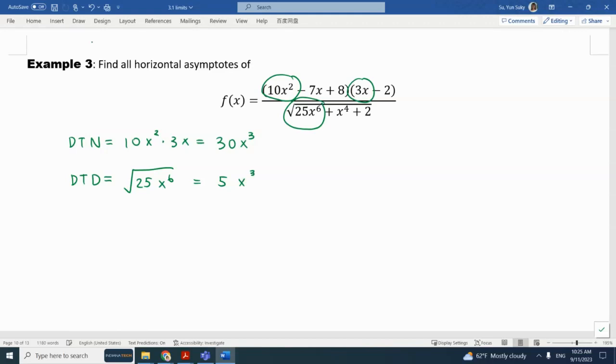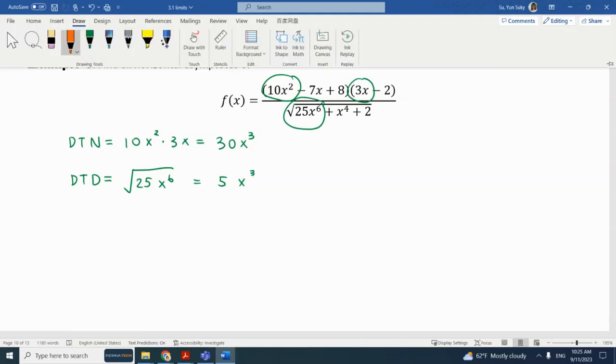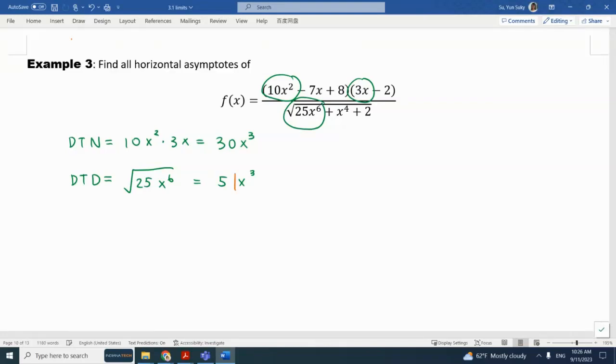So this is 5. The square root of x to the 6 is x to the 3rd. But with what? If you see the square root of x to the even power, what do you get? Absolute value. Okay. The square root is like to the 1/2, right? 6 times 1/2 is 3.